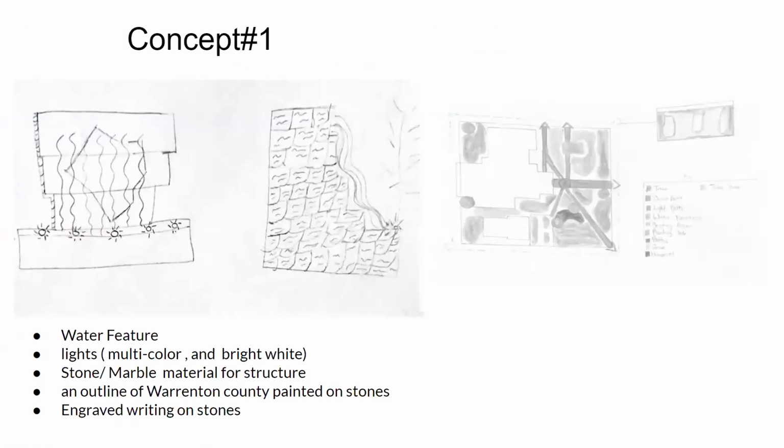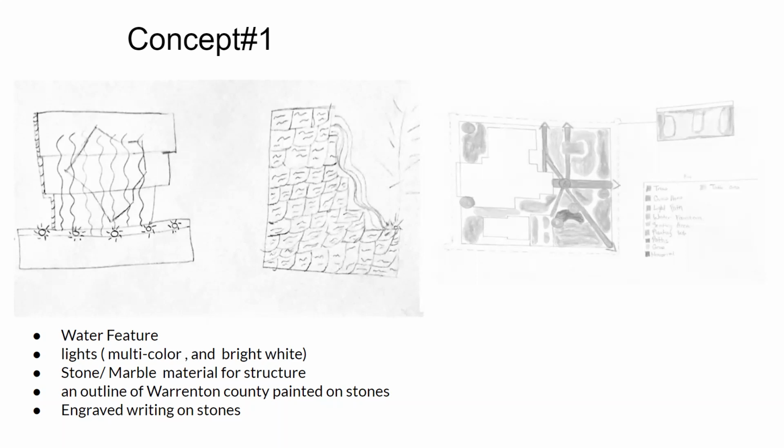This is my first concept. Let me explain. In doing the project, I wanted to keep the courthouse the same aesthetic, the same vibe. So I didn't change too much, but I wanted to add elements to make sure people feel more welcome. My first concept was to make a fountain with the Warrenton sign.